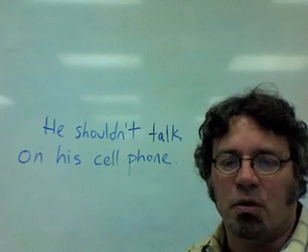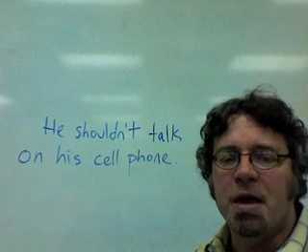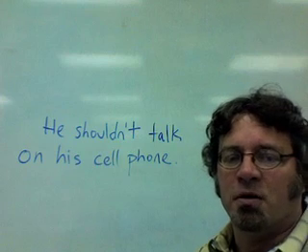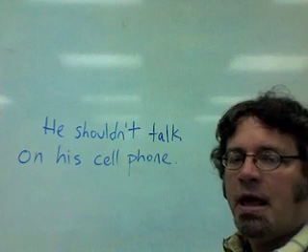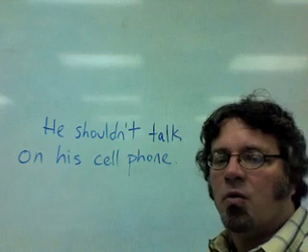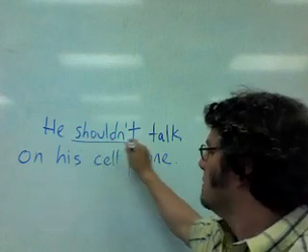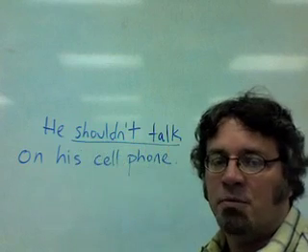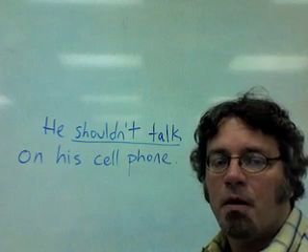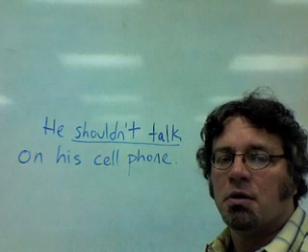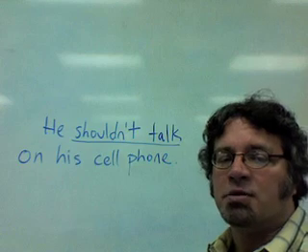Here's one more example. This is the main clause of a sentence. He shouldn't talk on his cell phone. If I want to add on to this, when he shouldn't talk on his cell phone. This is the main verb. What could you add on to the sentence? He shouldn't talk on his cell phone.